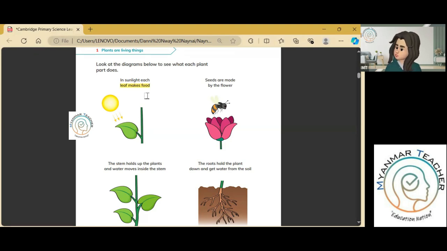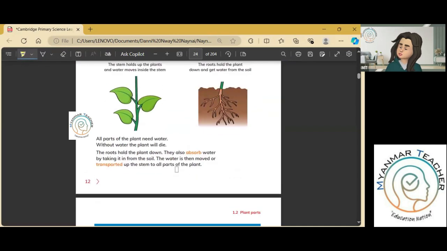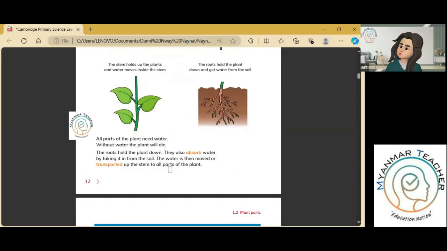So seeds are made by the flower. So the flower does the reproduction part. For plants like trees or vegetable plants, you will get a small flower, and it will grow into a fruit. So you can say fruit or flower. They both are the same thing.